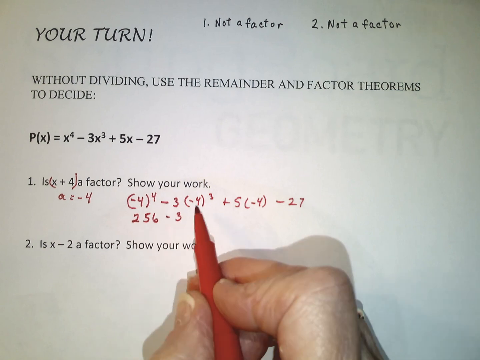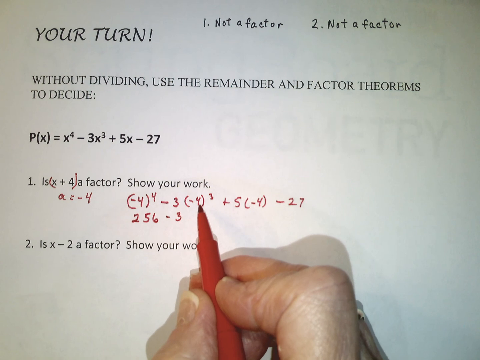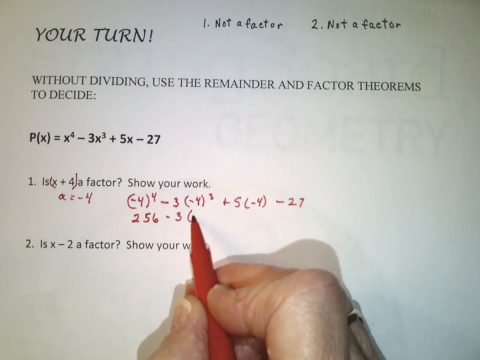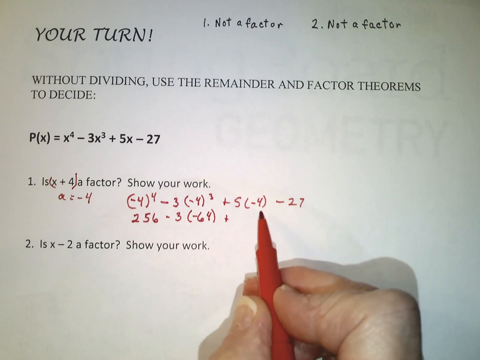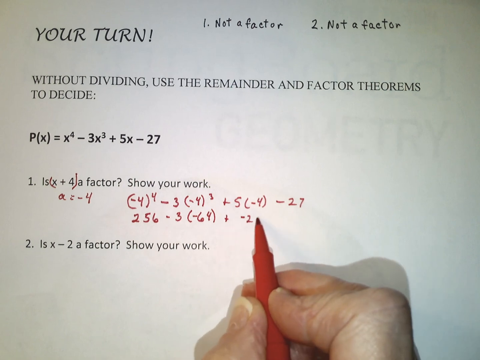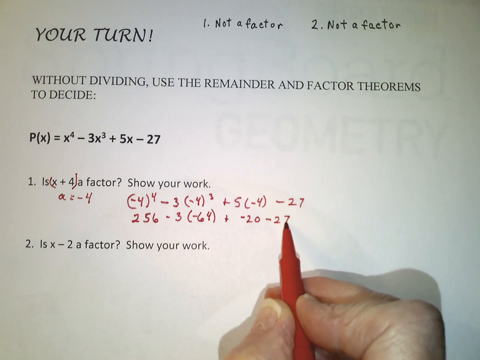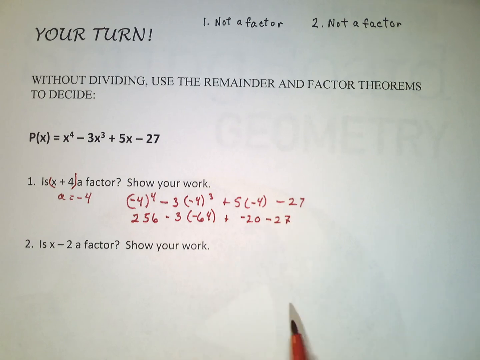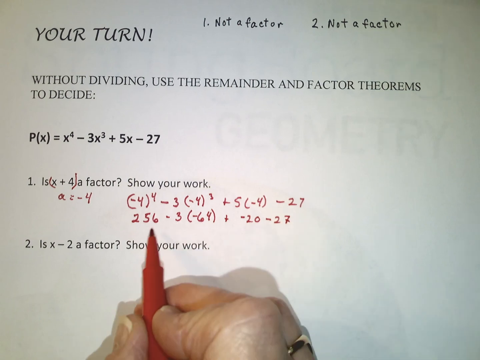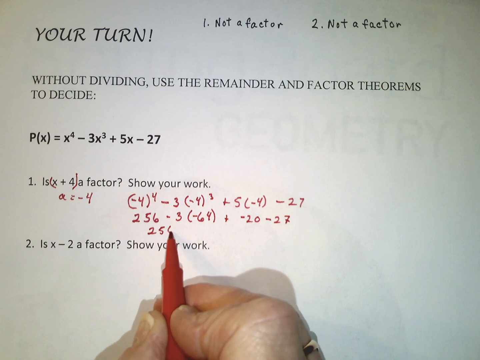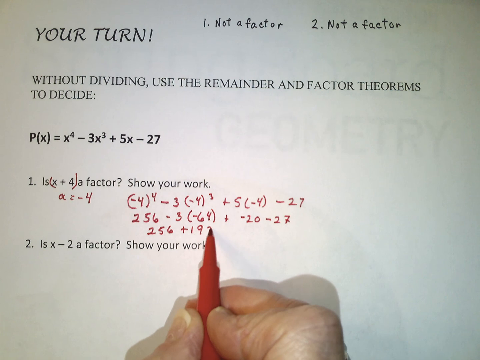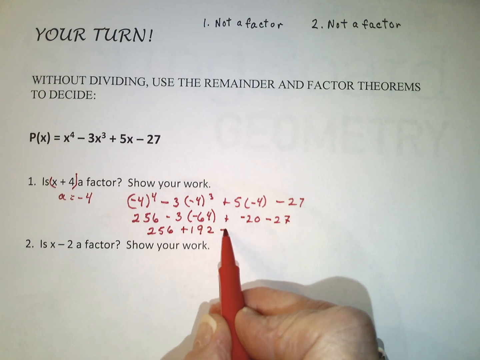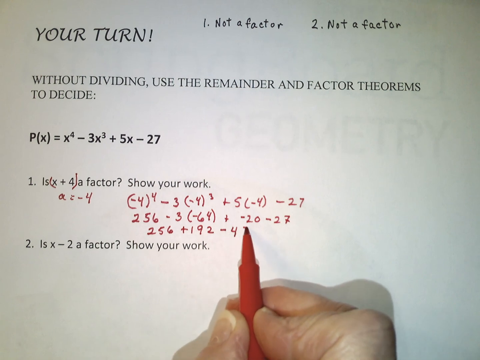Minus 3 times negative 4 times negative 4 times negative 4 is a negative 64. And 5 times negative 4 is going to be a negative 20. Well, this negative times negative makes a positive. So we've got 256 plus 192 minus 47.